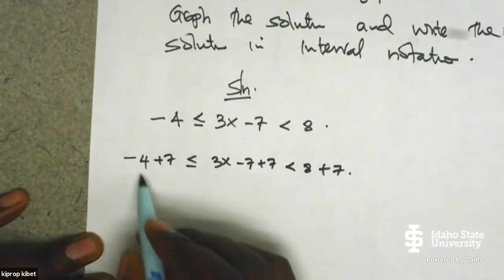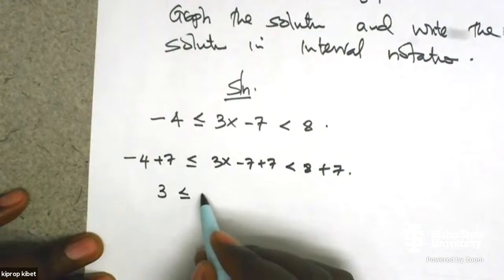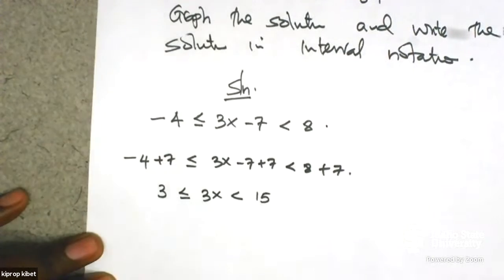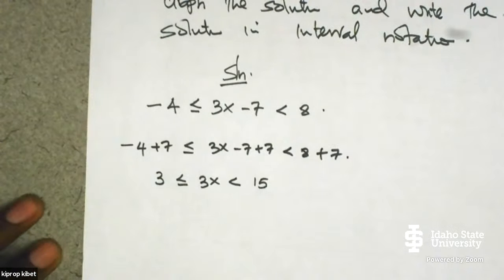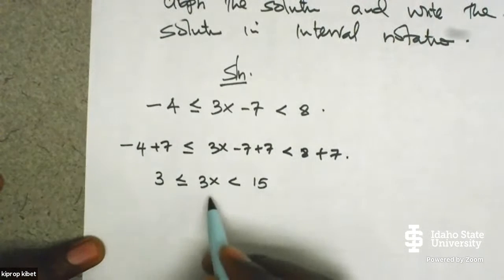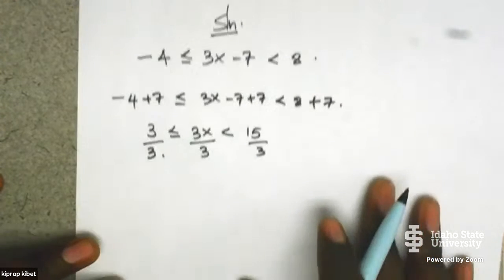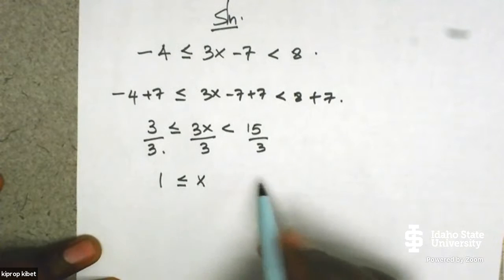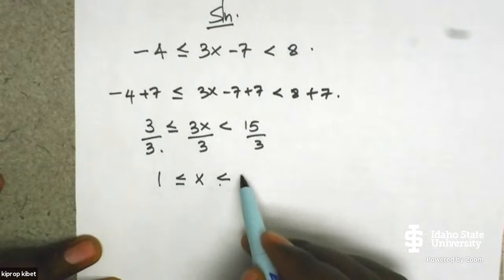So what you get is 3 less than or equal to 3x less than 15. And then what next? You divide both sides by 3. So finally we get 1 less than or equal to x less than 5.